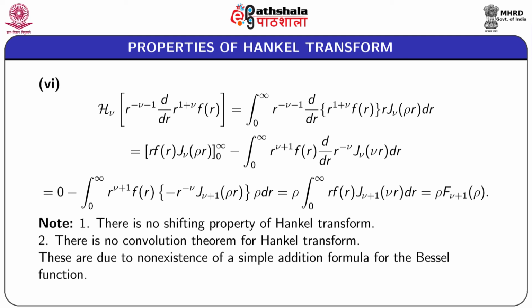Again we use the property of Bessel function to obtain the Hankel transform of r to the power minus nu minus 1 d/dr of r to the power 1 plus nu f(r) equal to integral 0 to infinity r to the power nu plus 1 f(r) into minus r to the power minus nu J_nu plus 1 (rho r) rho dr, which is equal to rho into integral 0 to infinity r f(r) J_nu plus 1 (rho r) dr, and this is the Hankel transform of f(r), and this is equal to rho F_nu plus 1 (rho).